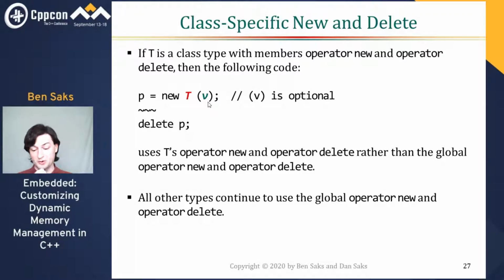Does the polymorphic memory allocator help with any of this? The standard polymorphic memory resource. Let me think. The polymorphic memory resource, I believe that that's actually at a different level. I want to say that you could use the PMR stuff to implement new and delete, but let me think about that.